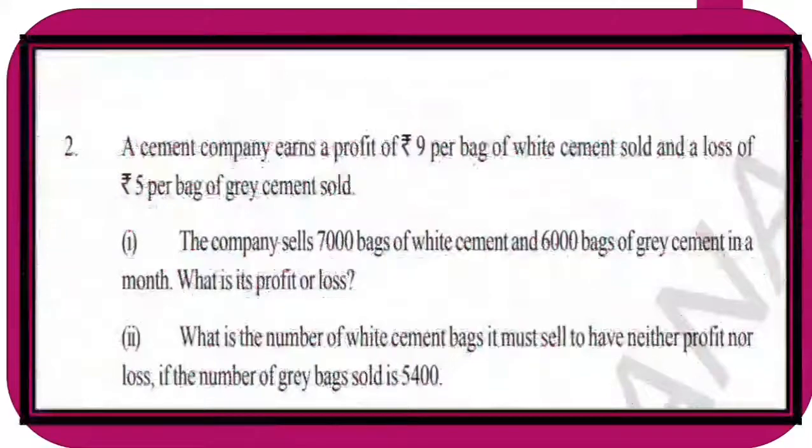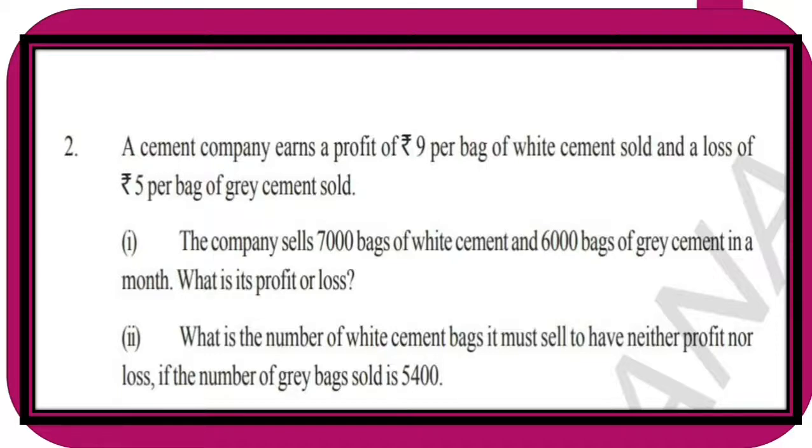A cement company earns a profit of 9 rupees per bag of white cement sold and a loss of 5 rupees per bag of grey cement sold. The company sells 7,000 bags of white cement and 6,000 bags of grey cement in a month.